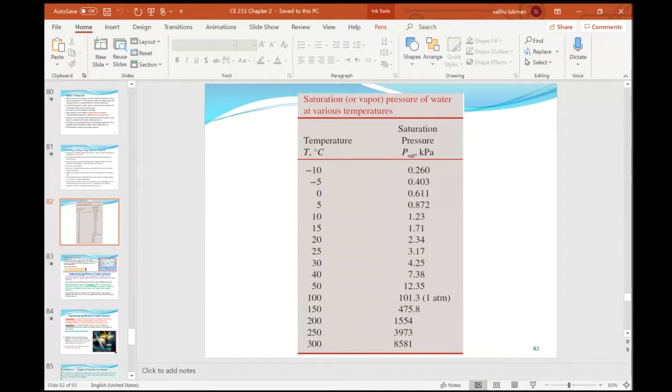if you want to boil water at 50 Celsius, what do you need to do? All you need to do is to reduce the local atmospheric pressure from 101.3 kilopascal to 12.35 kilopascal.